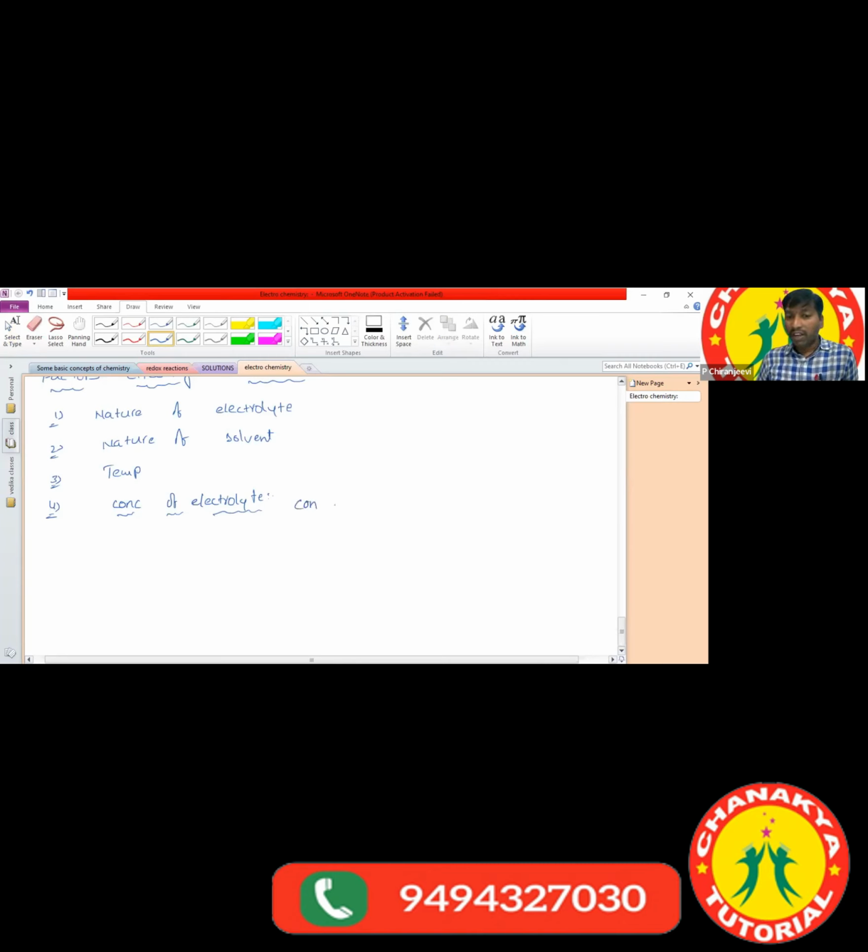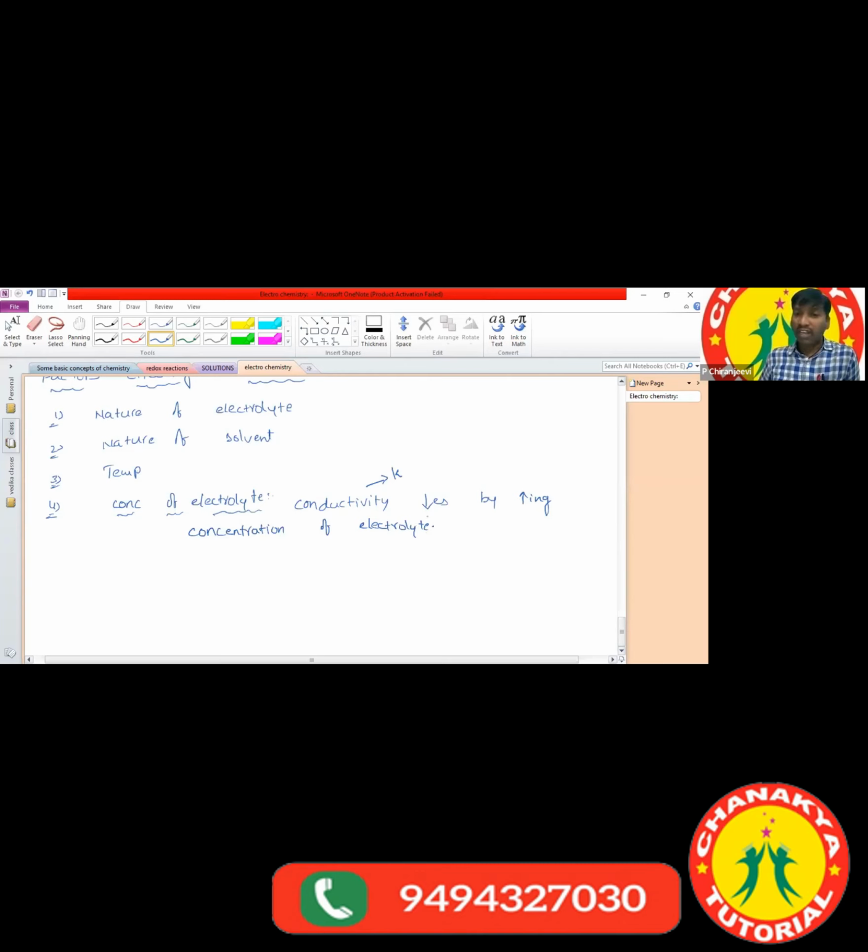Conductivity decreases by increasing the concentration of the electrolyte. Conductivity is nothing but specific conductance, which we represent as kappa.